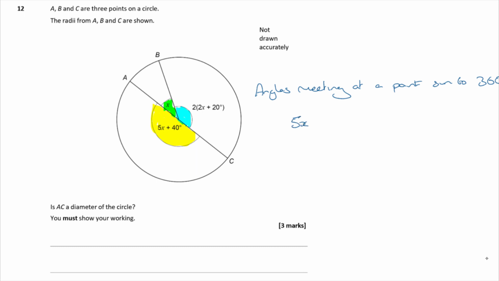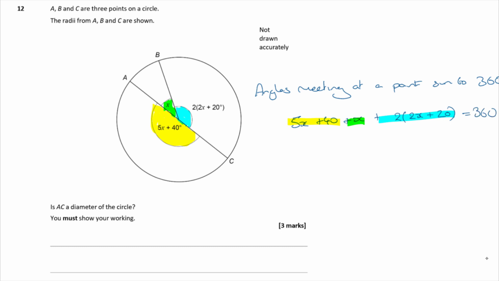So the 5x plus 40 plus the x plus the 2 lots of 2x plus 20. So the yellow one, the green one, and the blue one added together should be 360.